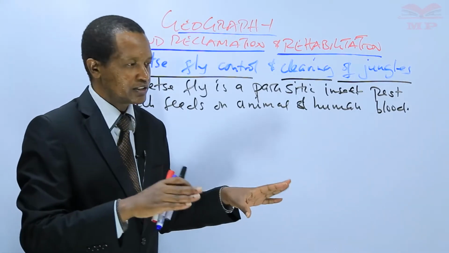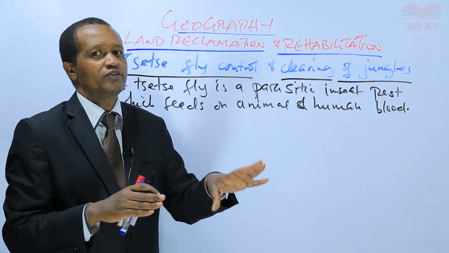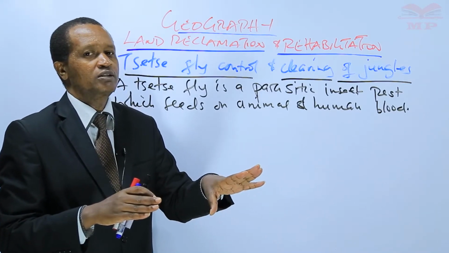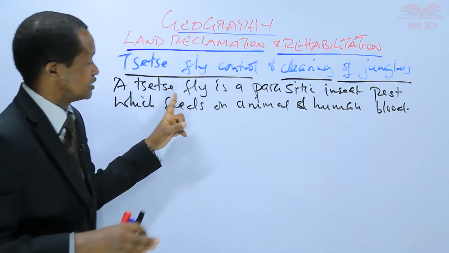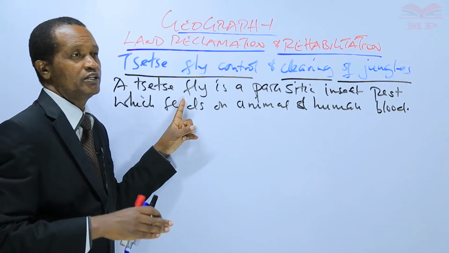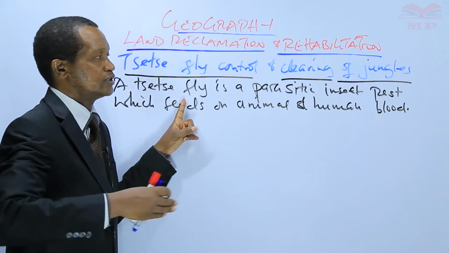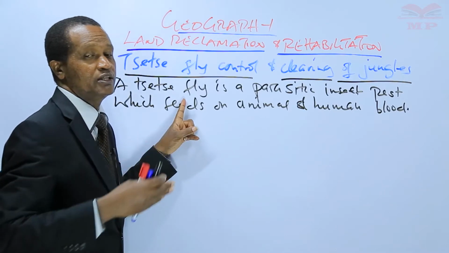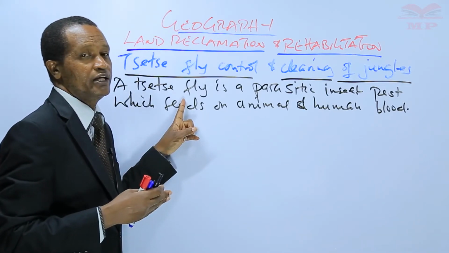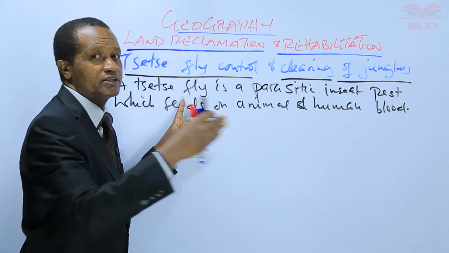And such environment provides very favorable breeding conditions for tsetse flies. We say the insect thrives in hot areas that have high temperatures.